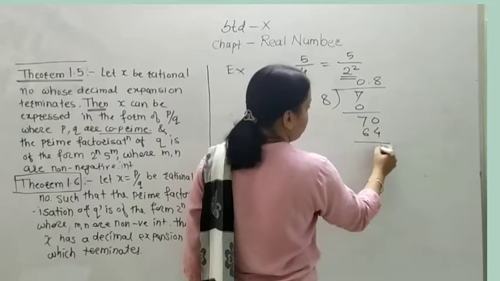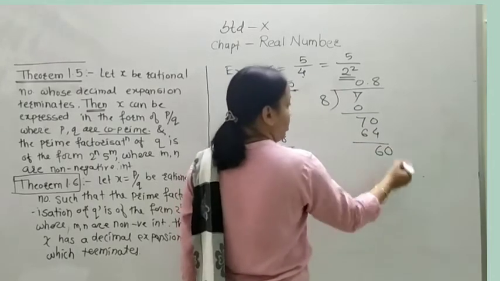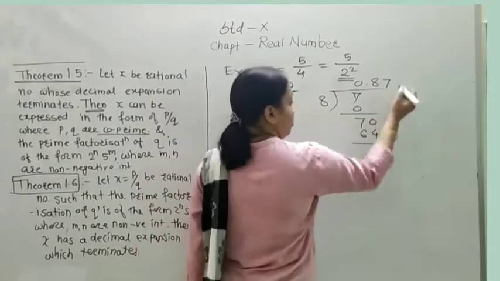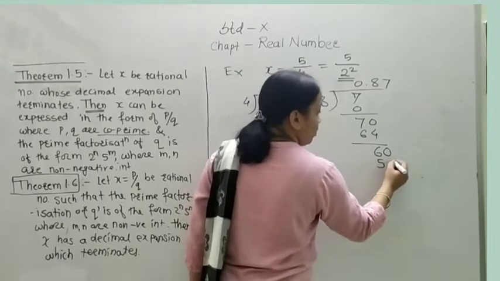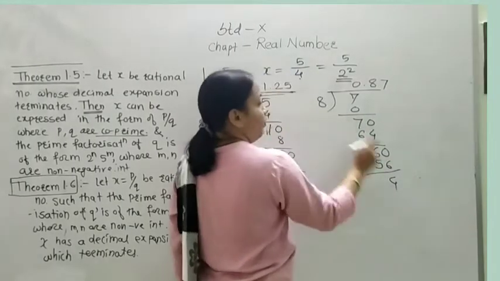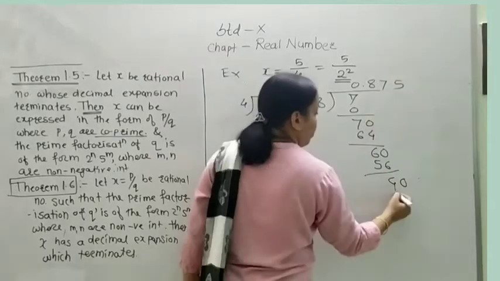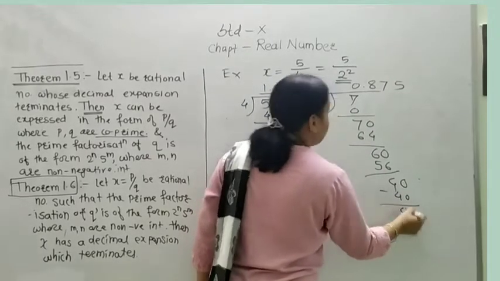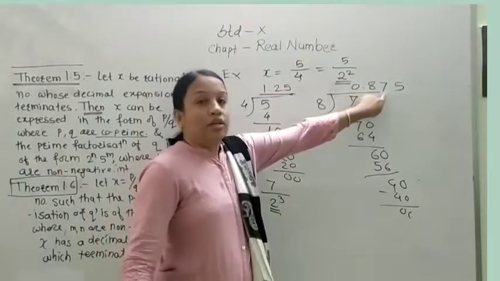What you will get here? 6. Okay, 0. 6. You will get 4, and if you divide 5, definitely this is going to be terminating.